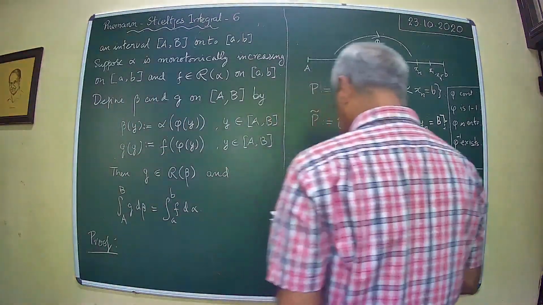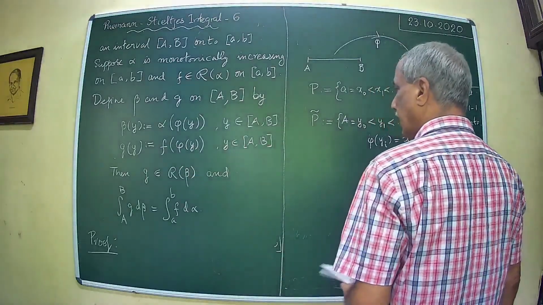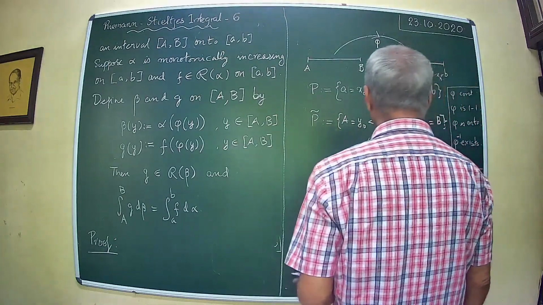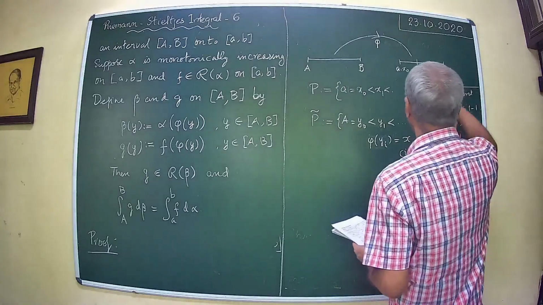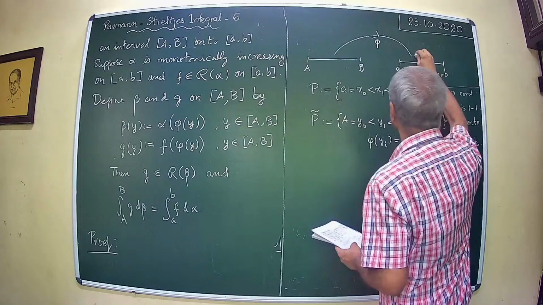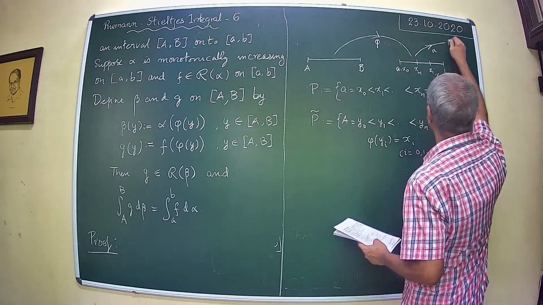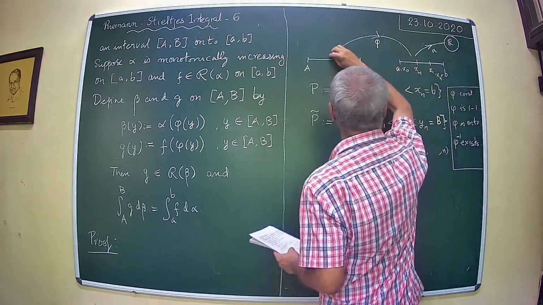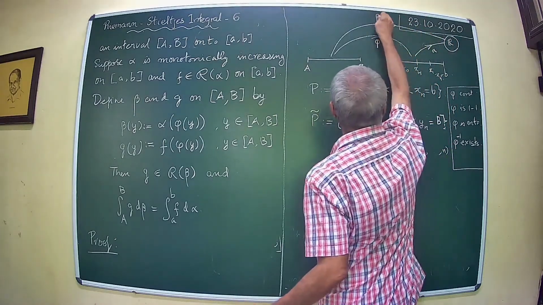Now let us look at the maps beta and G. See, alpha is defined from here to R. So you have now something defined from here, beta.